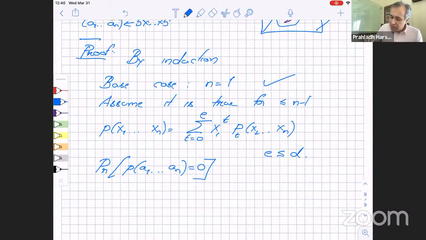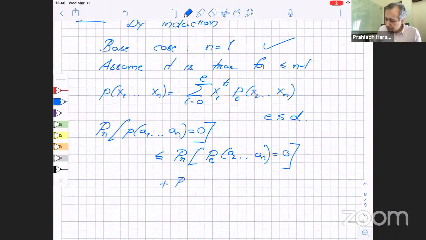So we are going to split this into 2 cases. This probability is less than or equal to the probability that P_e of A2 to An is 0. In this case, I'm going to completely give up, where P_e is the coefficient of x1 to the power e. Plus the probability that P_e of A2 to An is not equal to 0.